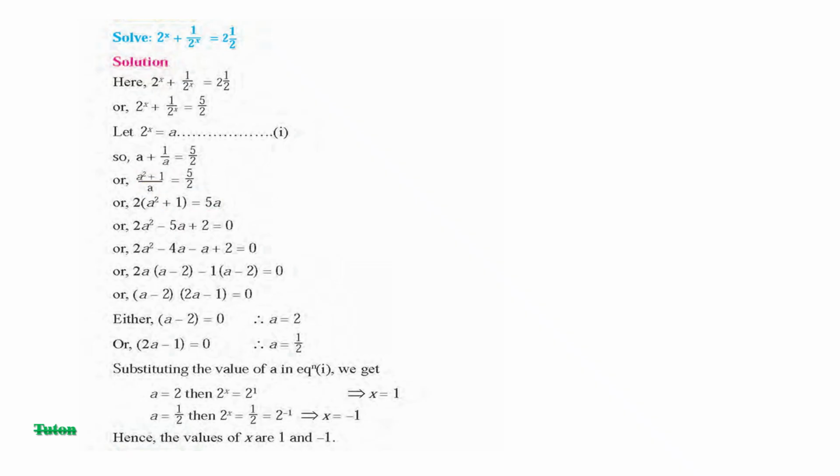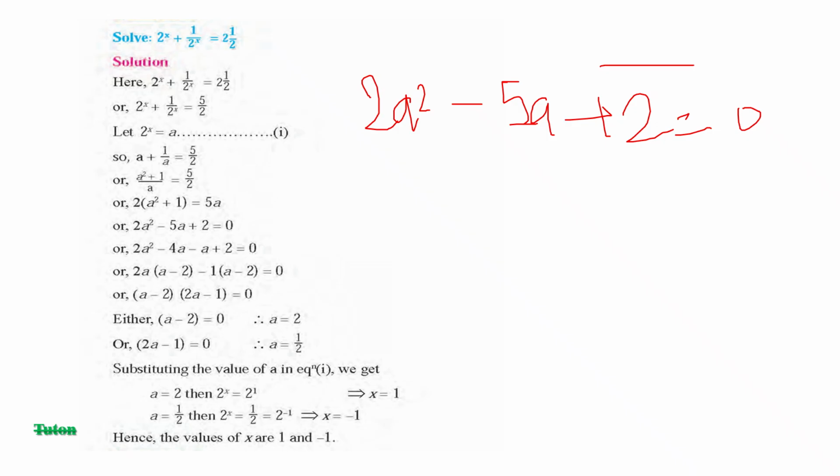Now we have to solve this quadratic equation: 2a square minus 5a plus 2 is equal to 0. To understand how to solve this quadratic equation, first we have to imagine a number such that this 2 multiplied with this other 2 gives 4.